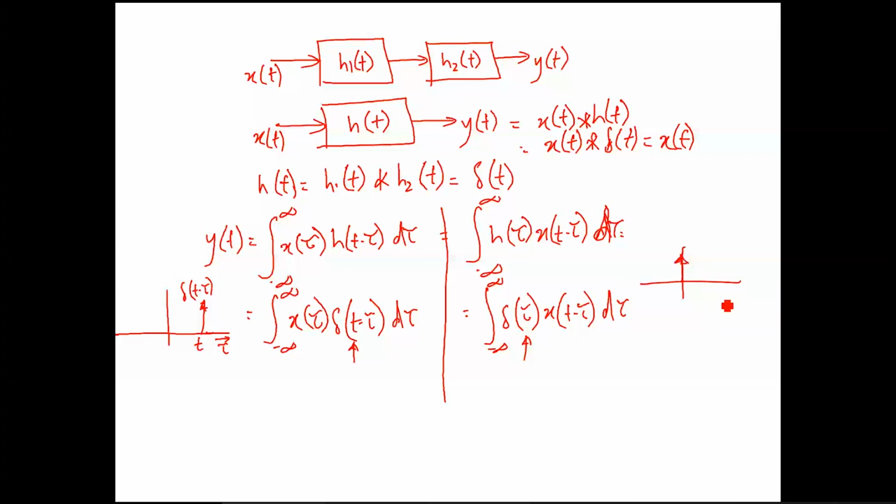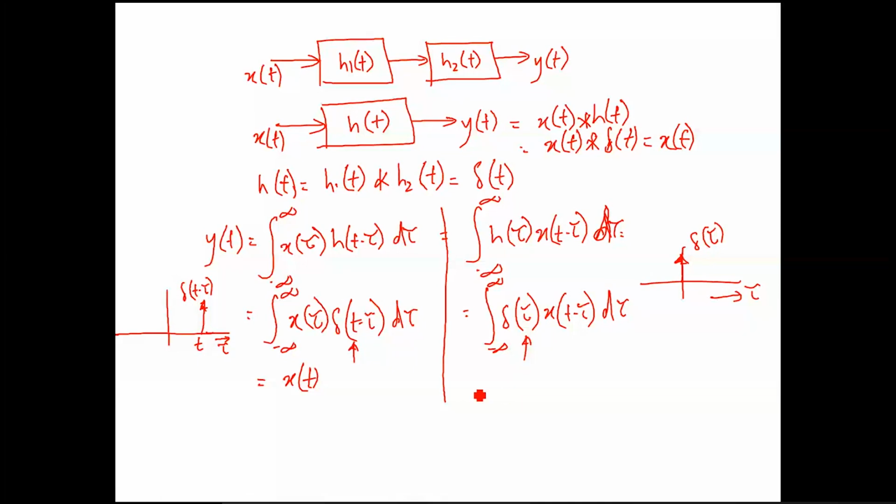Now we know that this impulse has value at only one point in the whole integration range of tau, and for this case that point is tau equal to t. At tau equal to t, this value is 1 and this value is x of t.